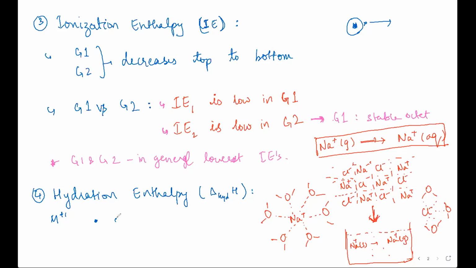Lithium is small, and as you go down a group, the size of the ion gradually increases. So as the size increases but the amount of charge is the same, in which case is it easy for the water molecules to surround the ion?